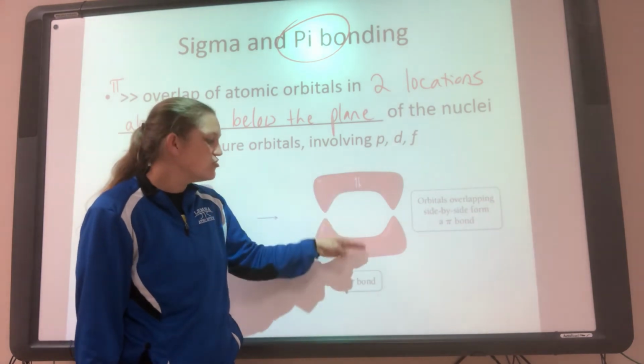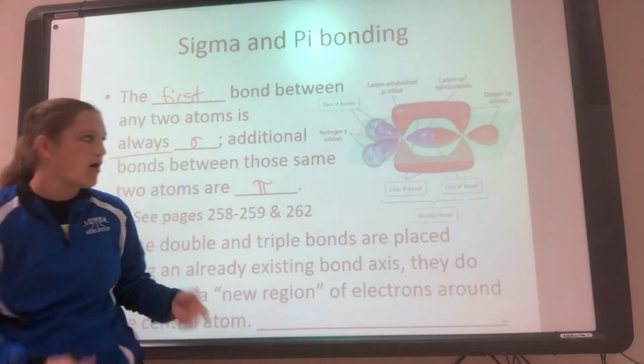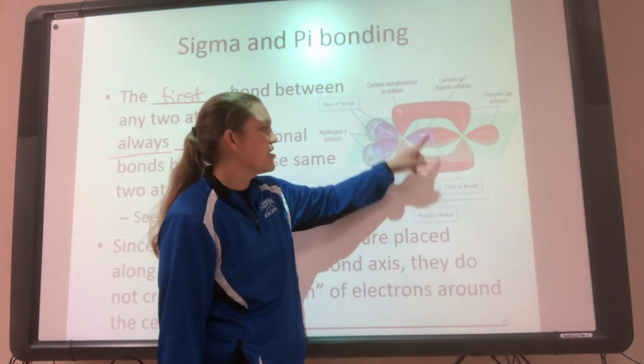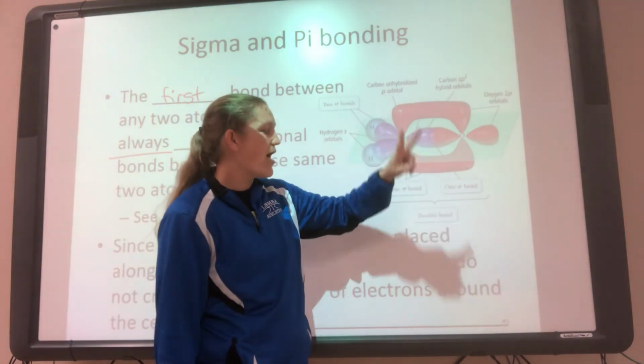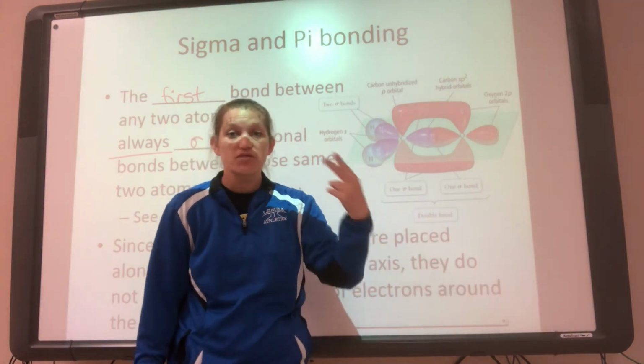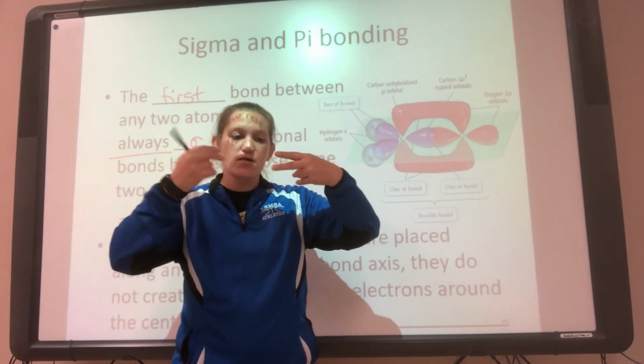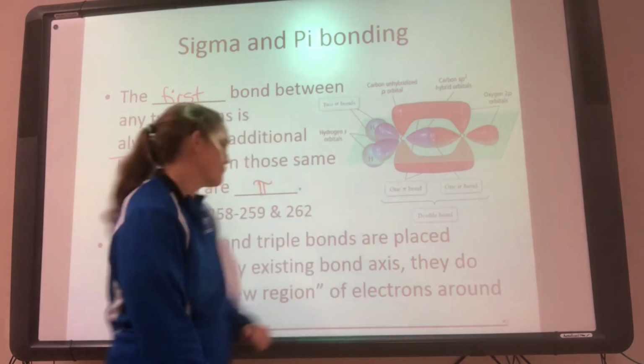So it's two locations for that one pi bond. So when we're counting how many bonds, don't count 1, 2, 3. Count one sigma, one pi, two bonds. That's what makes a double bond. So a double bond has a sigma and has a pi bond because of the way it's going to overlap.